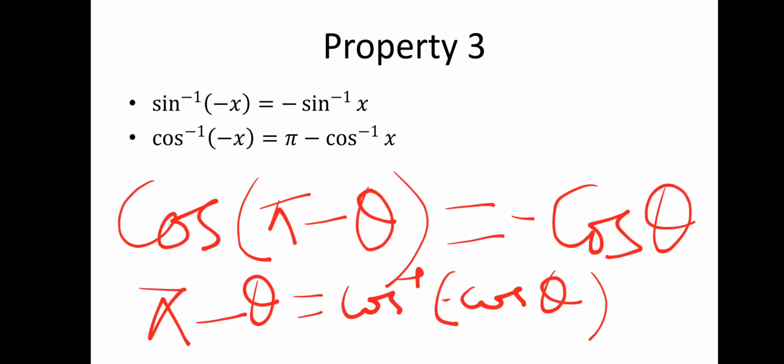Now let us call cos theta as x. If cos theta is x, then theta becomes cos inverse x. So in place of cos theta, if I write x, then what happens? So from here, hold on, let me just shift this.